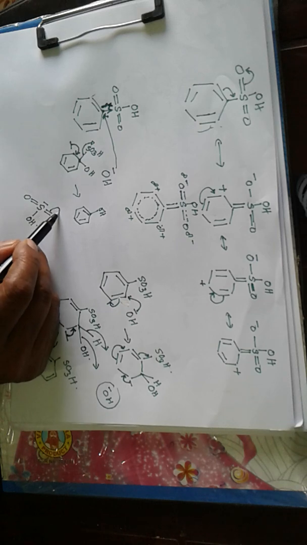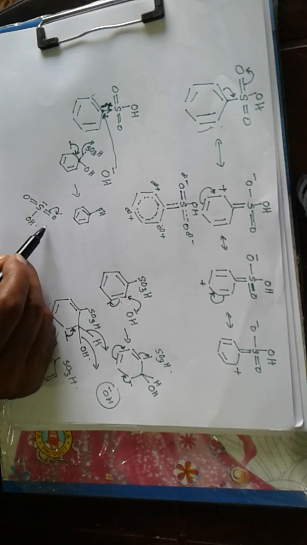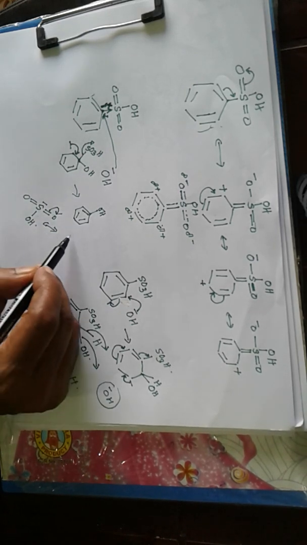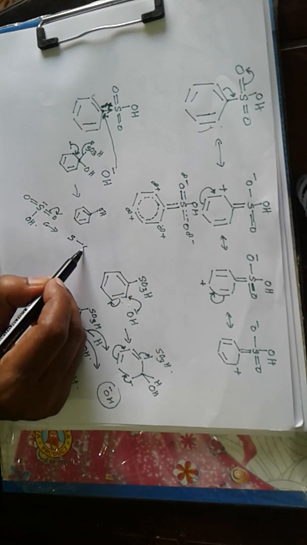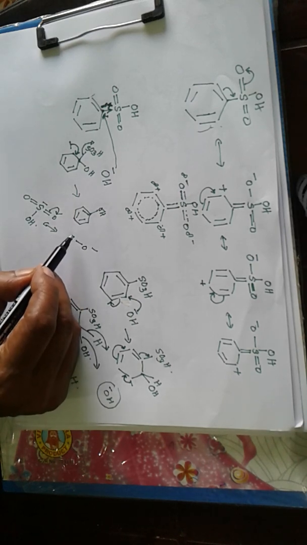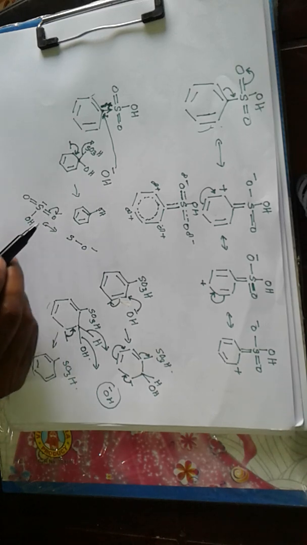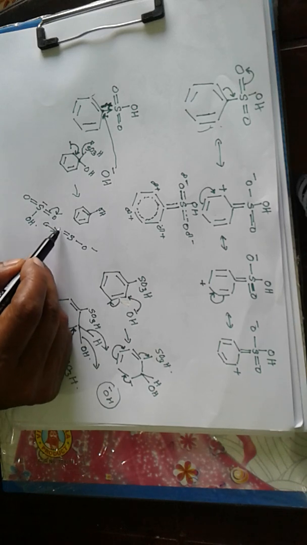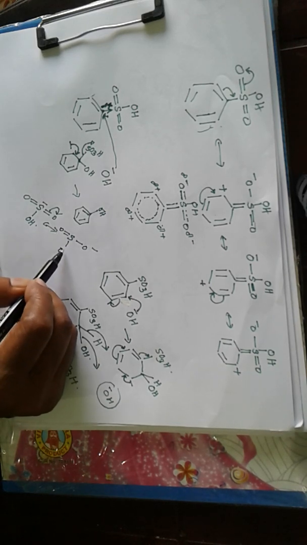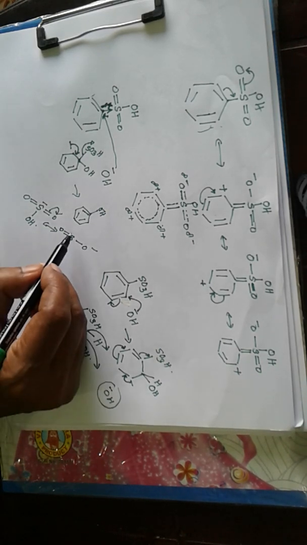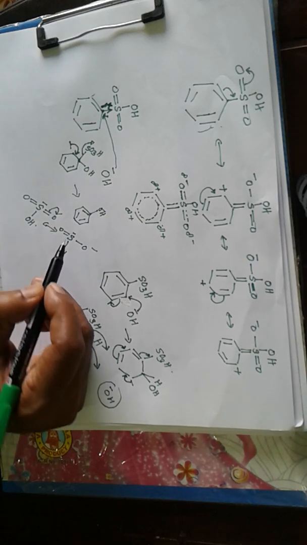Now this can undergo resonance, giving S single bond O negative, and there the negative charge is neutralized because the share of electrons of sulfur is given to oxygen. There is a double bond O here and OH here. So you can say there is a pair of electrons.